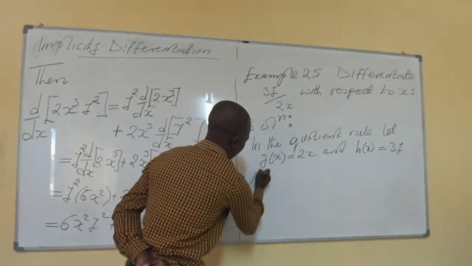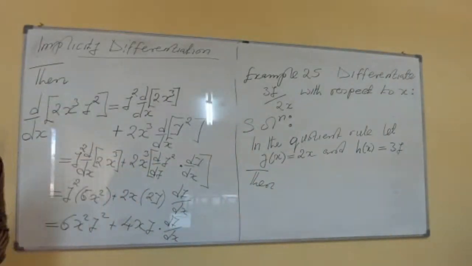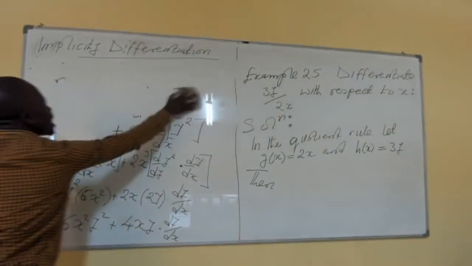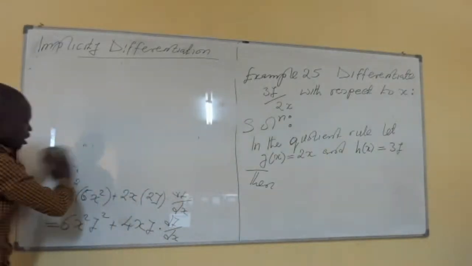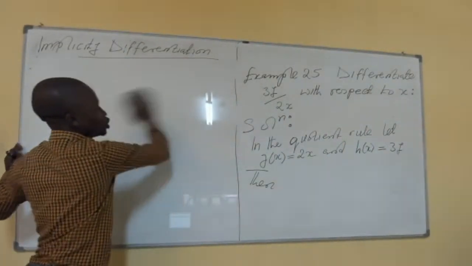Then, by the quotient rule of differentiation, applying the quotient rule first, before you apply the implicit differentiation rule, you first need to apply the quotient rule.